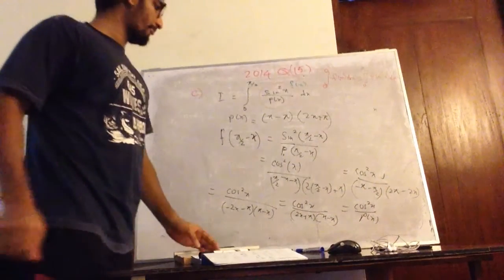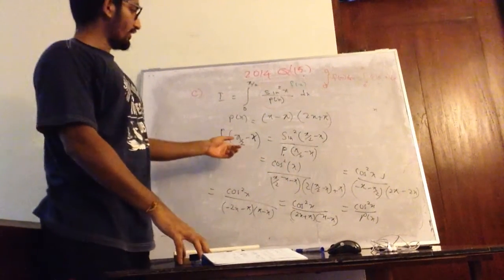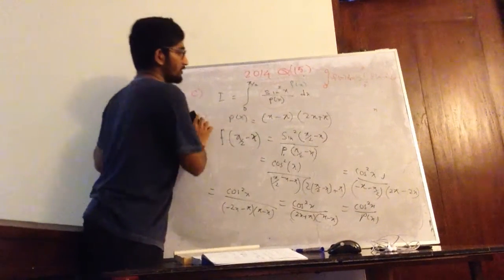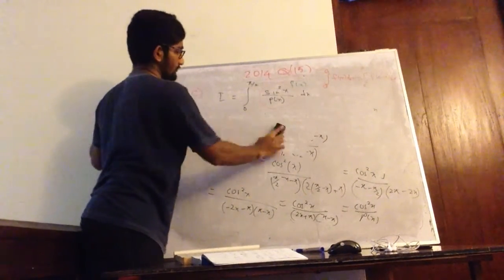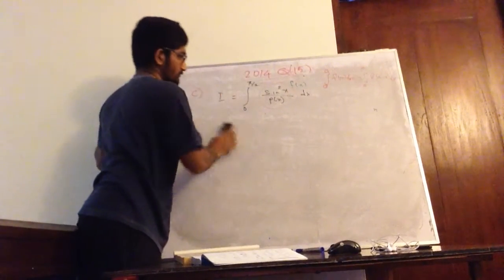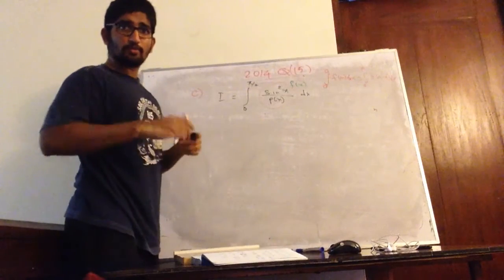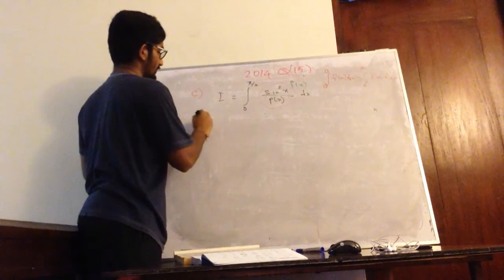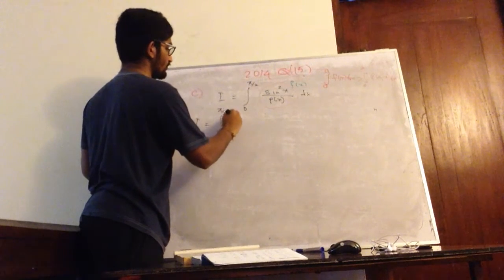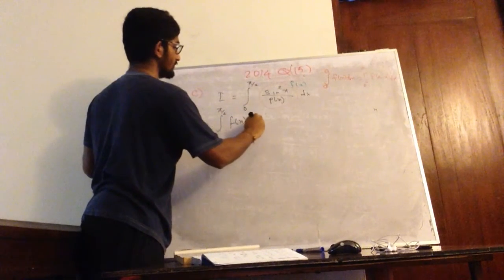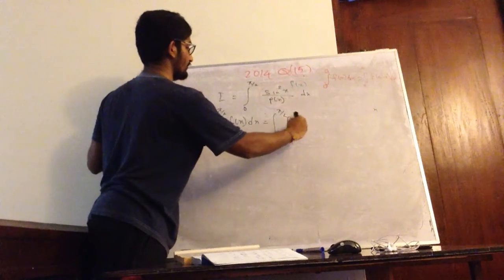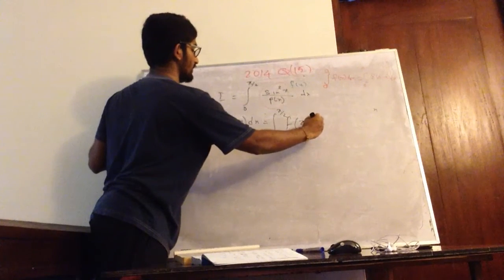Now we have got f(pi over 2 minus x) as this one. So now we go to the theory. From the theory we can say I is equal to the integral from 0 to pi over 2 of f(x) dx, and also equal to the integral from 0 to pi over 2 of f(pi over 2 minus x).